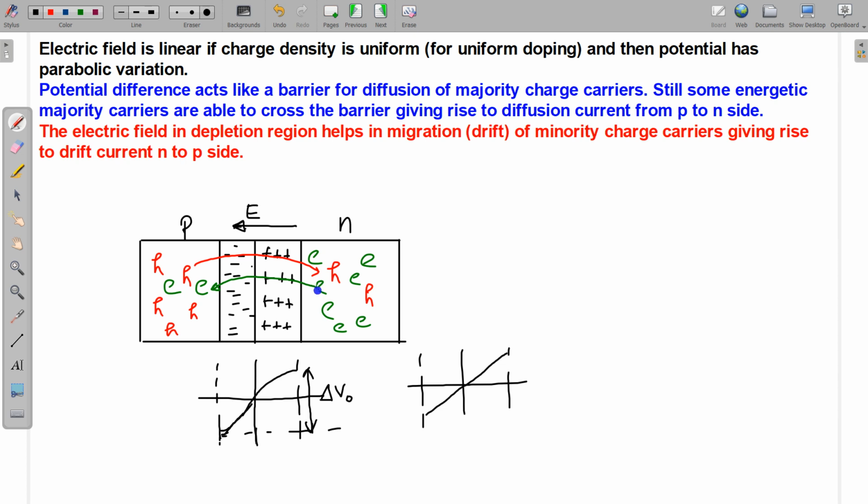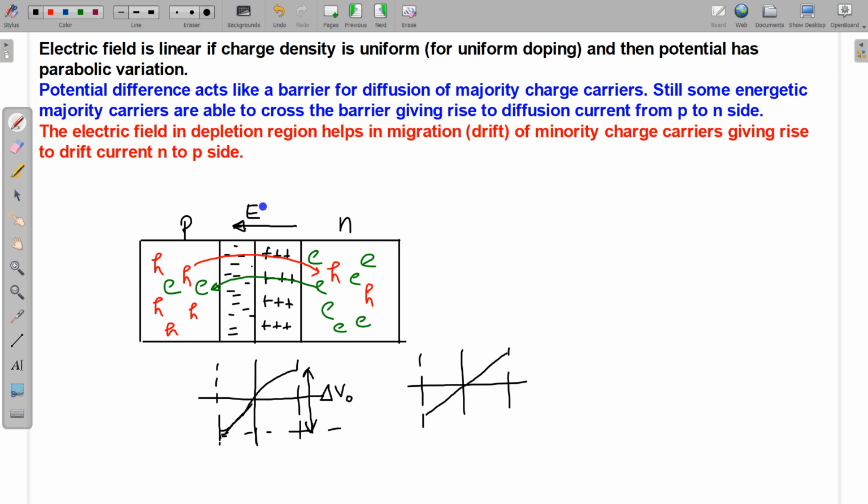So movement of electrons towards left, towards P side, will now be difficult due to the presence of this electric field. And in a similar manner, the force on the holes, the assumed positive charge, will be along the electric field. So movement of these holes from P to N side, that means diffusion, will become difficult now. So in the presence of this electric field, the movement, or we can say diffusion, of these majority charge carriers is now difficult.